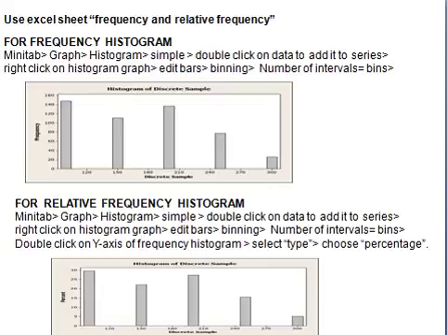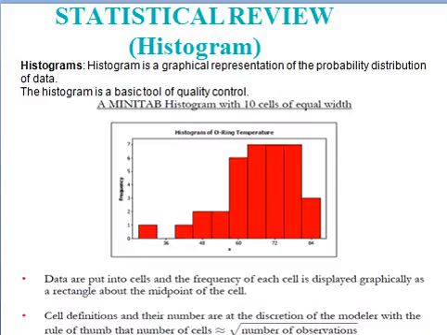And here you can see that they can always edit the number of bins. Histograms are basically graphical representation of the probability distribution of data, and histogram is a very powerful tool, and it's used in quality control.